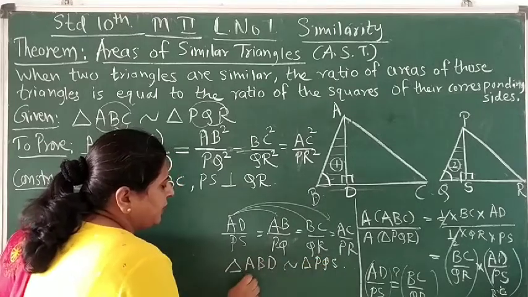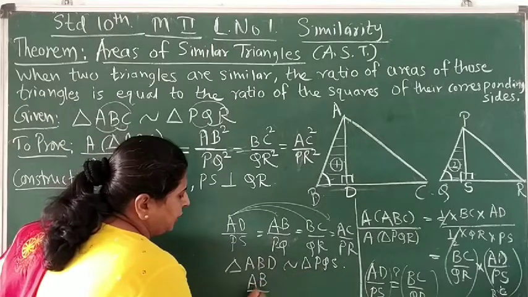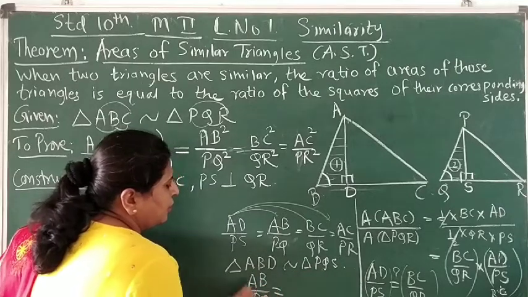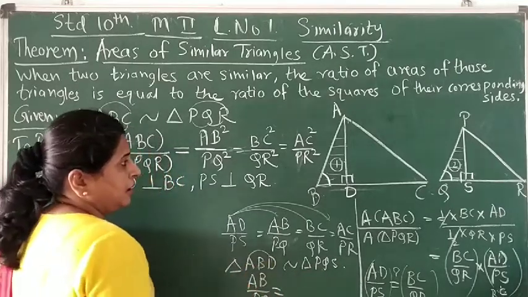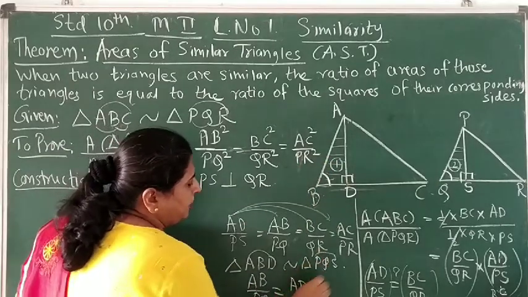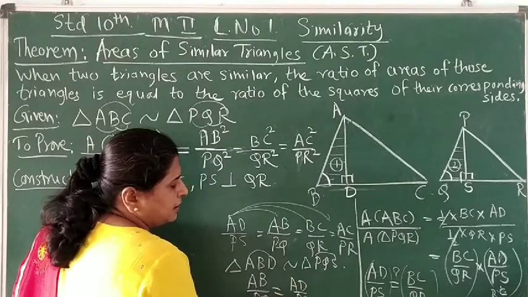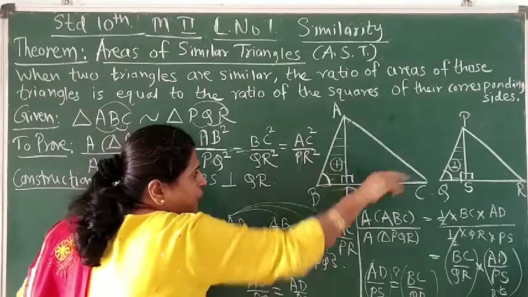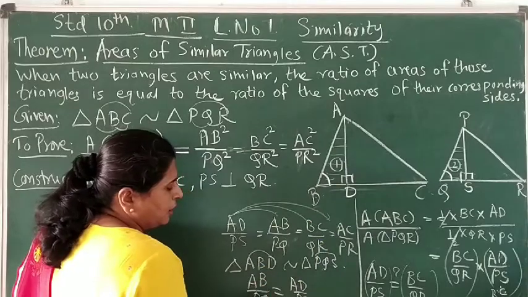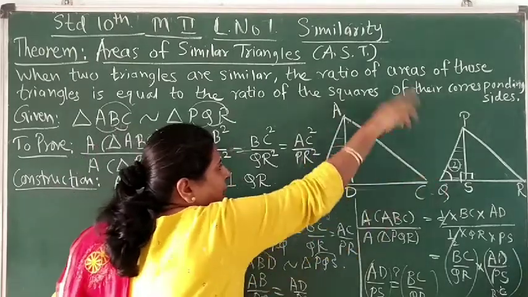Okay, where we can get corresponding sides as AB upon PQ is equal to, we will select this AD, which is the altitude of the bigger triangle, AD upon PS. Okay, so here we got that the side ratio of the altitudes AD upon PS is equal to the ratio of one of the corresponding sides of triangle ABC and PQR.